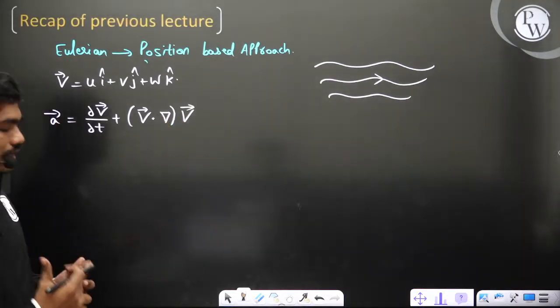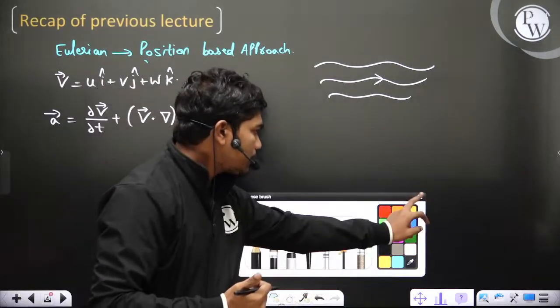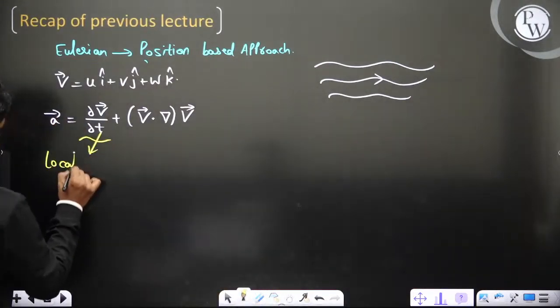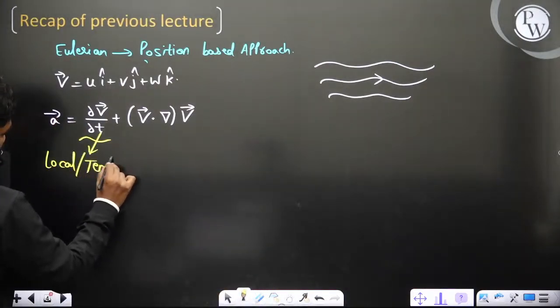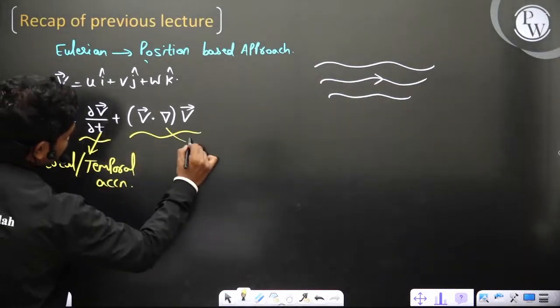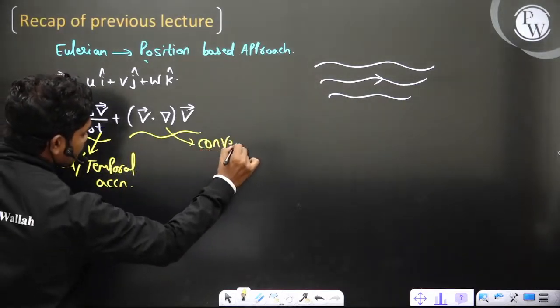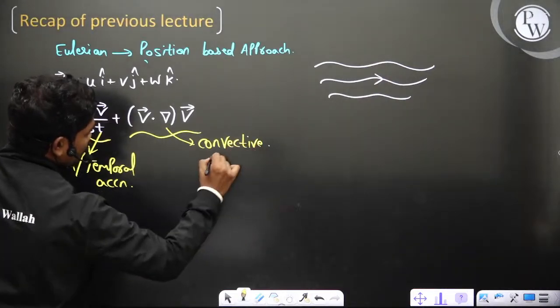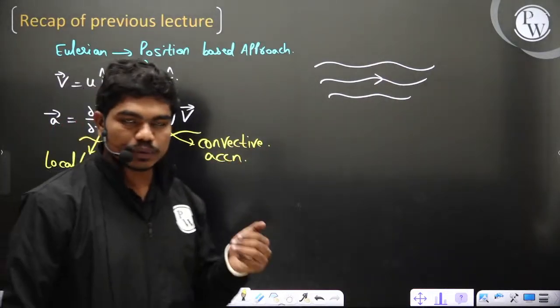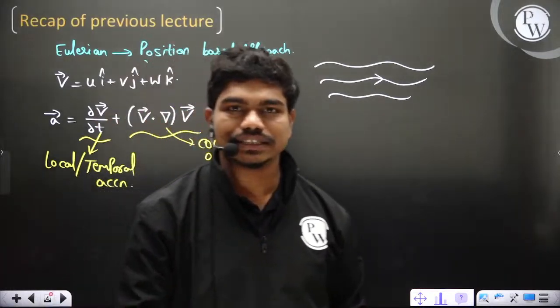So this is the vector, and we identified this part is local, or also called temporal acceleration, and this is called the convective acceleration. The first term comes into picture because of changing of certain things with respect to time.